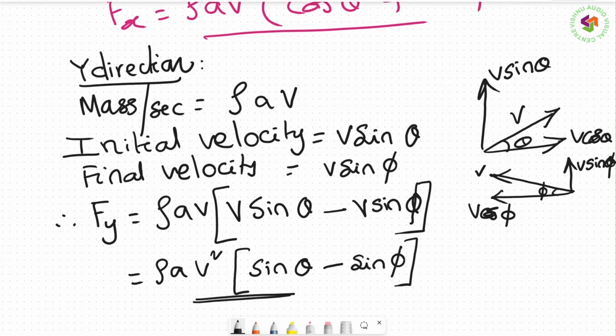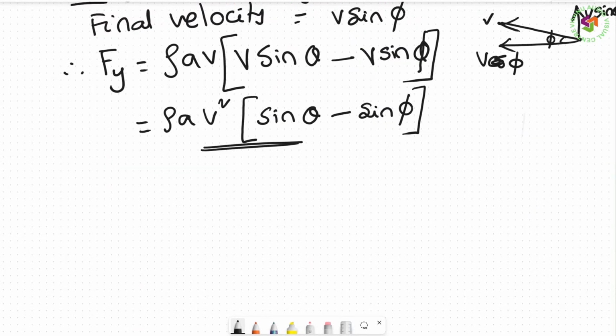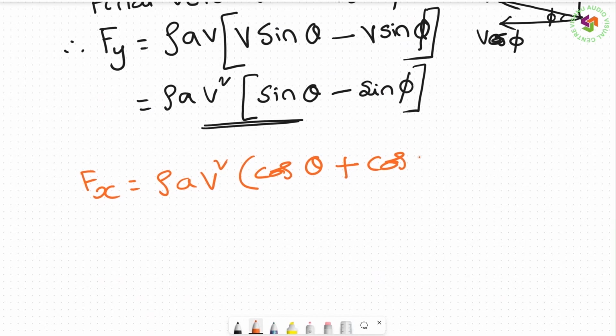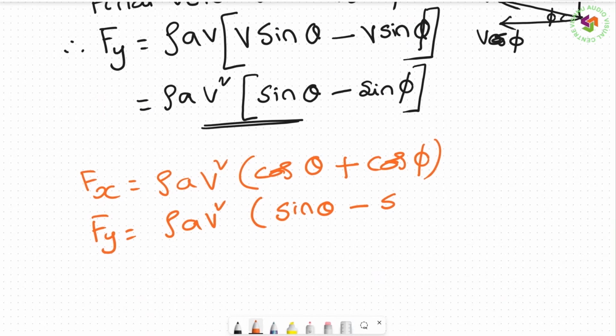So this is Fy. So finally we conclude, Fx is equal to rho a v square into cos theta plus cos phi for the unsymmetrical vane. Fy is equal to rho a v square into sin theta minus sin phi.